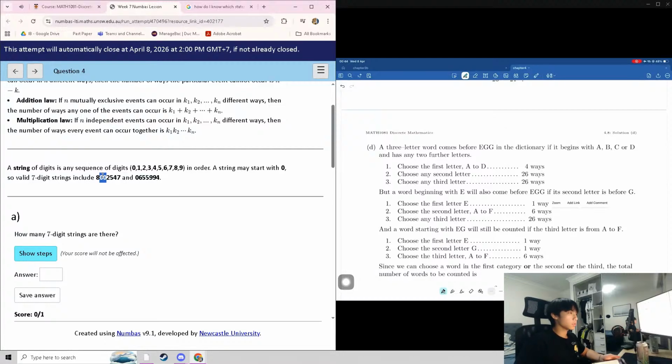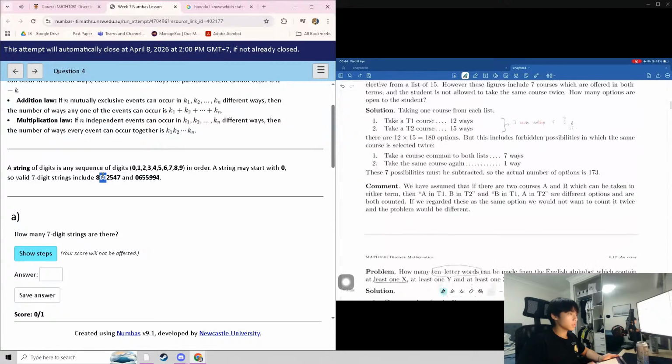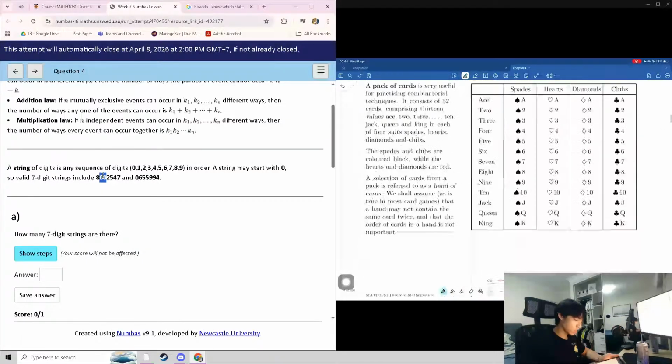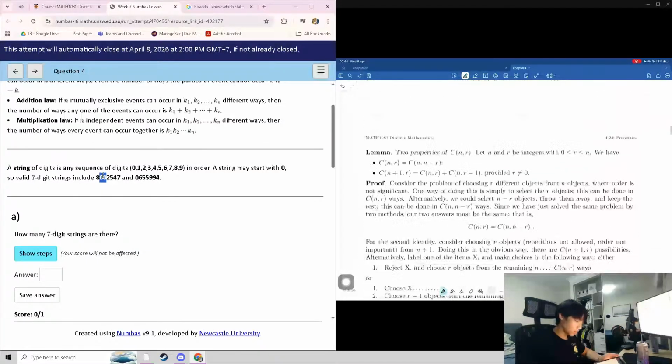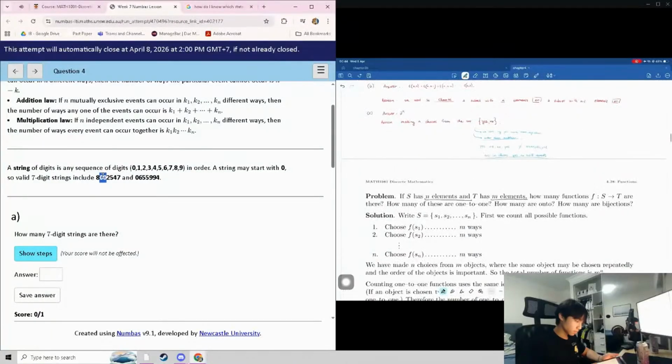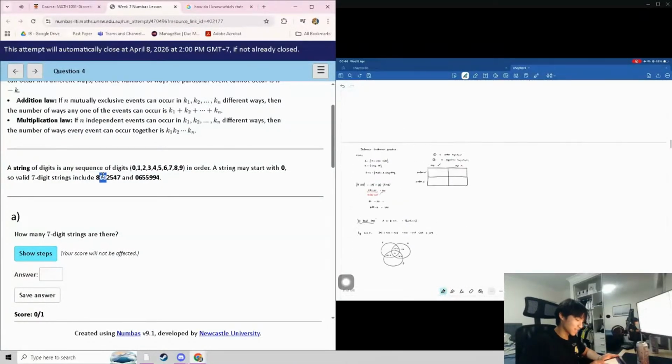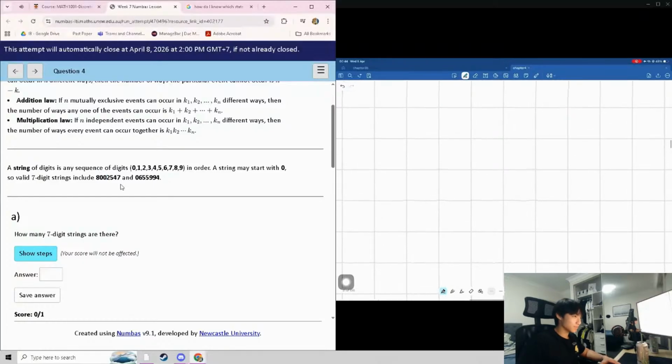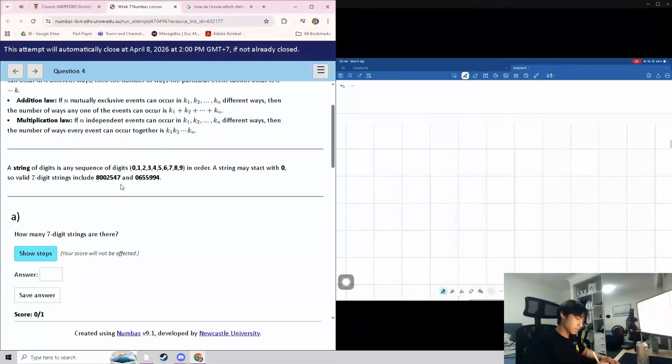So you see, 7-digit strings. Let's actually try to do it just thinking about it. So there's 7-digit strings where order matters, but repetitions are okay.